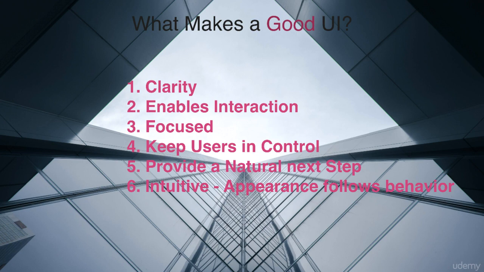And 6, we need to think about intuitive. I touched on some of these topics in previous numbers here, but it's very important to understand that the whole idea is that we want the users to feel part of this world that we want them to interact with. The user interface has to be intuitive. Appearance follows behavior. What that means is things need to behave the way we expect.